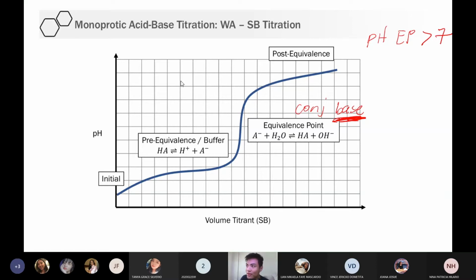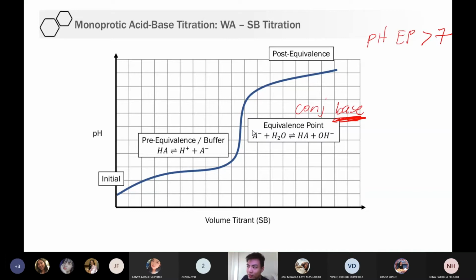So, yun yung kailangan natin i-take note. Malay nyo, nasa quiz yun. The pH at equivalence point of a weak acid, strong base titration is pH greater than 7, less than 7, equal 7. Sagot nyo is greater than 7.